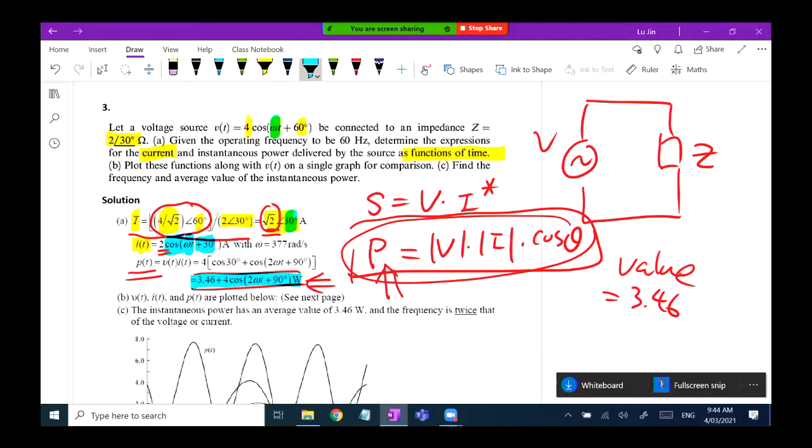The second half of this equation, 4 cosine 2 omega t plus 90 degrees, is oscillating, but its average is 0 for this cosine function. So after you evaluate the average power using this time domain instantaneous power, the result is just 3.46 as the average power. That result should be the same as the one we derived using this formula.